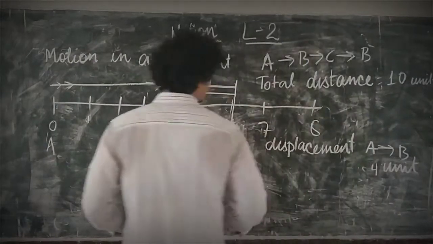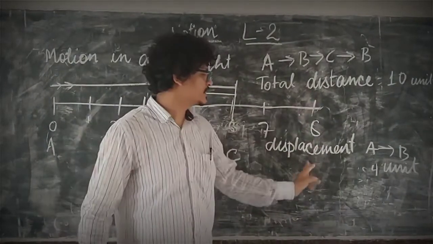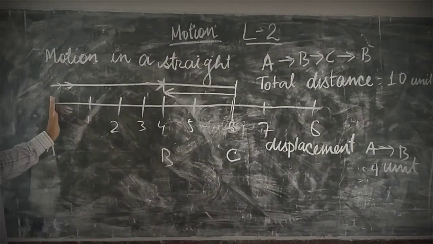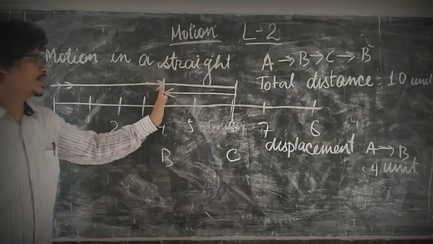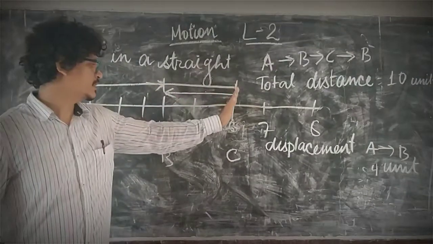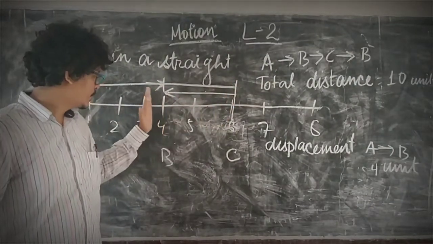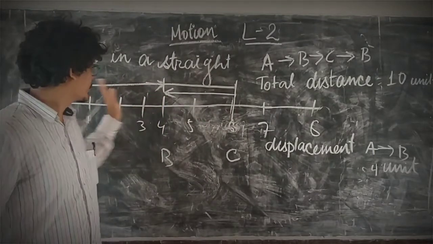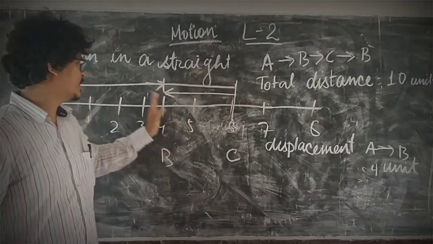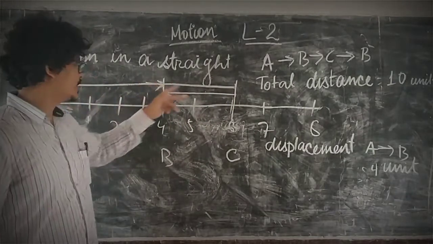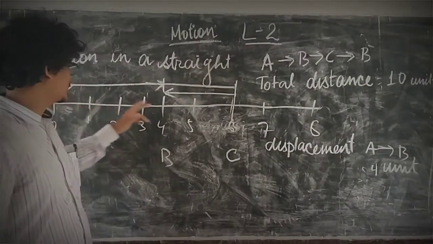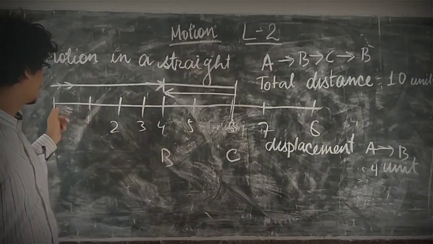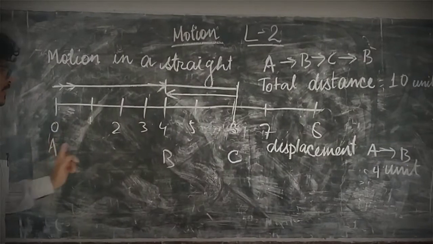Here we have used two terms, distance and displacement. The person is traveling from A to B to C and again B, but the distance I have written is 10 units and the displacement is 4 units, which is basically the distance between A and B.